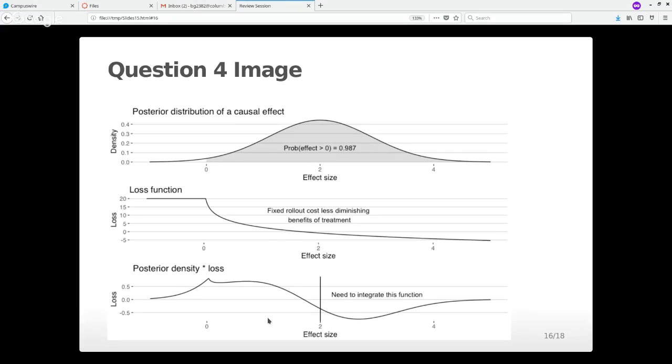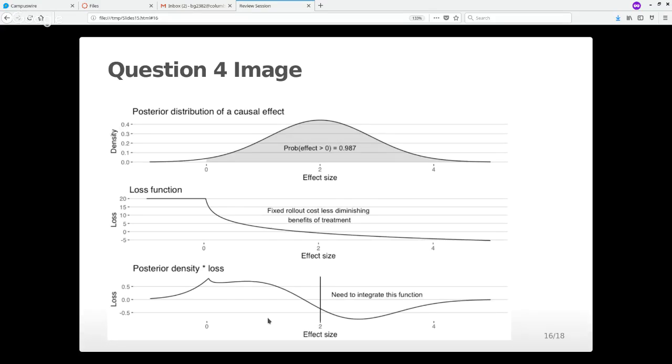So the area under the curve to the right of 0. The area under the whole curve is 1, so the area to the left of 0 is 0.0113, whatever. Or in practice, we would probably have gotten a whole bunch of draws from this posterior distribution.